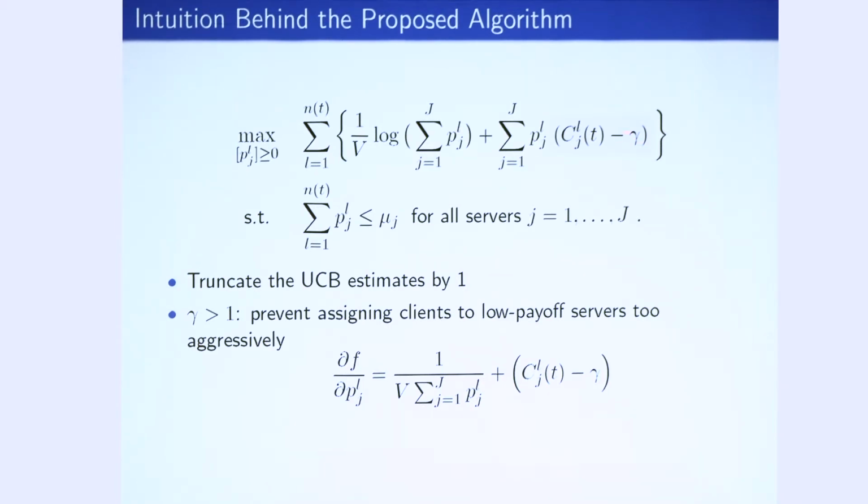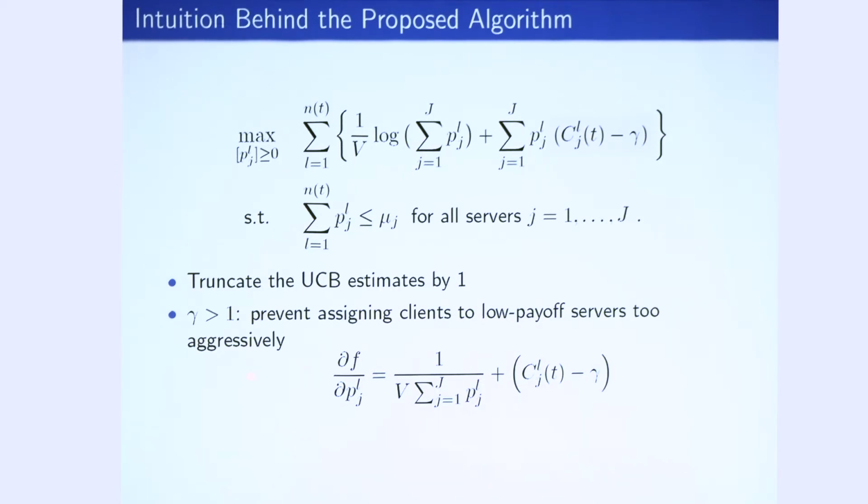For example, if you set gamma equal to 0, then once there's a server available, you are going to assign some tasks to this available server. Recall that in the running example, this is actually not optimal according to the optimal decision. So remember there, we want to avoid some low payoff servers. So that's why we subtract gamma, to make sure that we're not selecting the low payoff servers too aggressively.